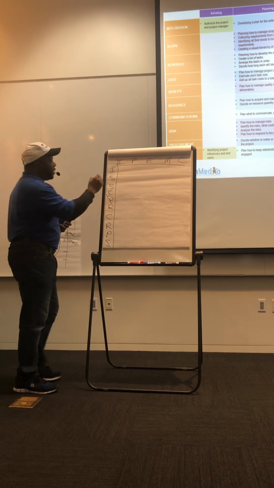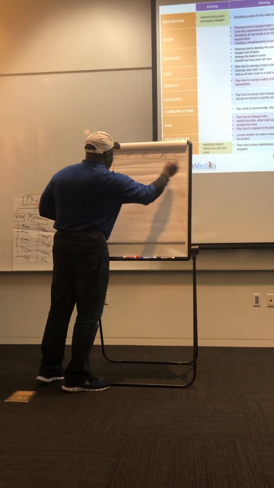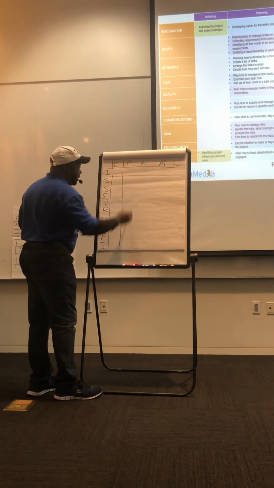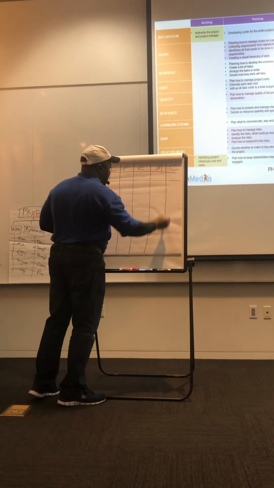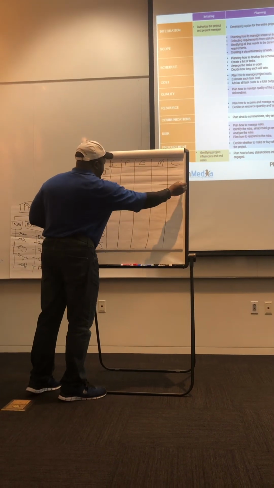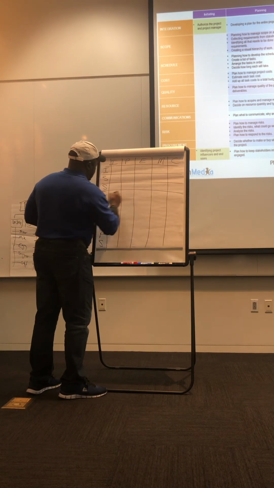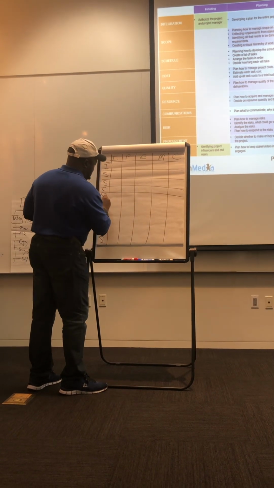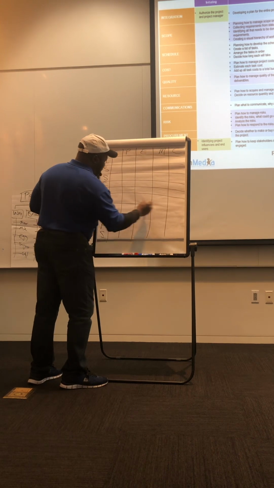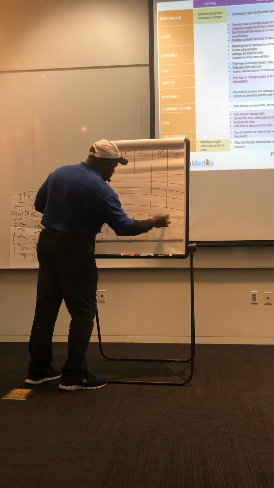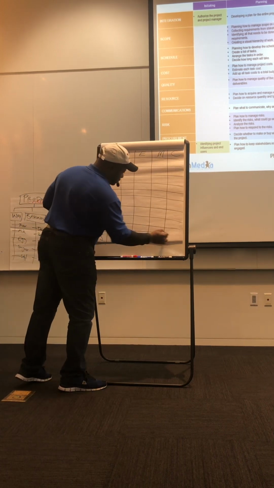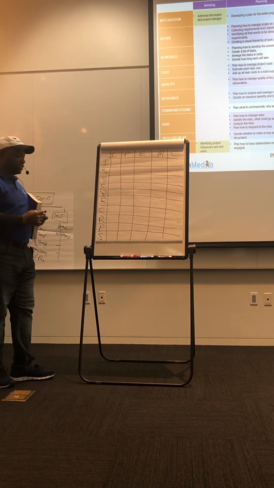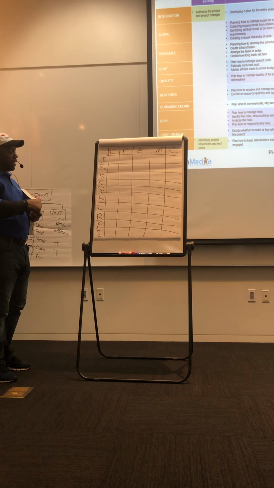Good. Now, if we make a matrix of this stuff by drawing the lines down that way, okay, and going that way, we are going to create a grid that is so valuable to project managers who have mastered it, because it just makes you feel really powerful.